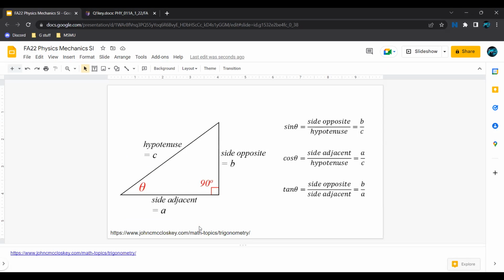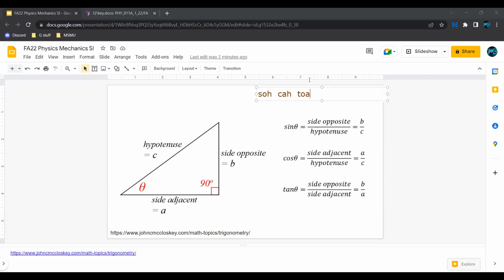So this is just some trigonometry review. We have SOHCAHTOA, which let me type up here. SOH: sine is opposite over hypotenuse.